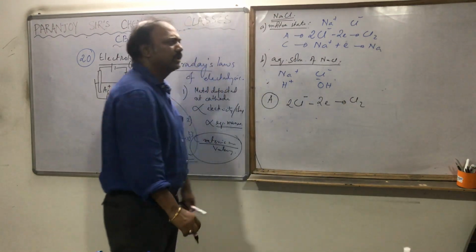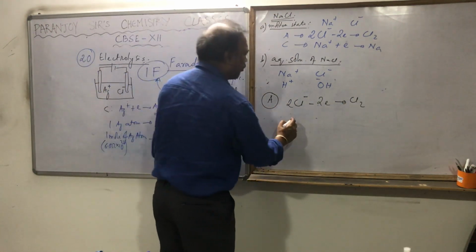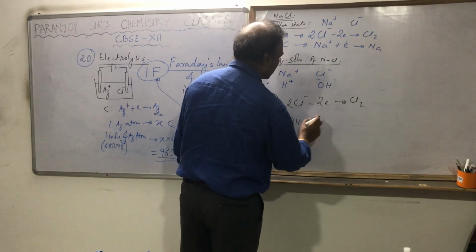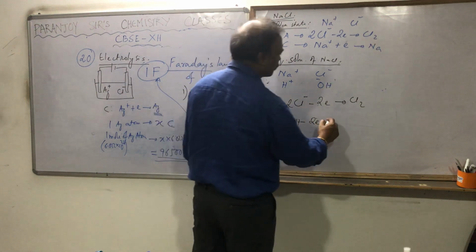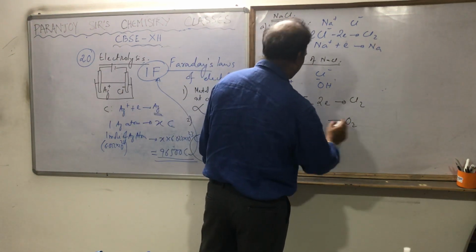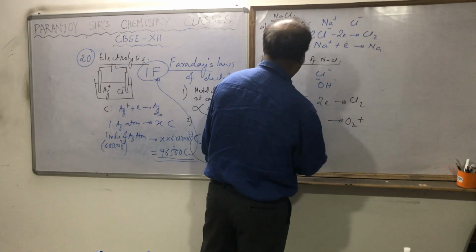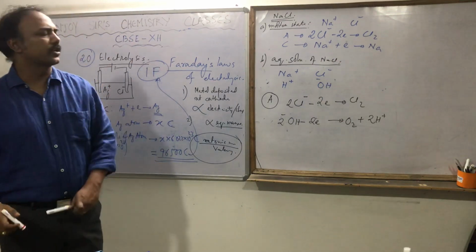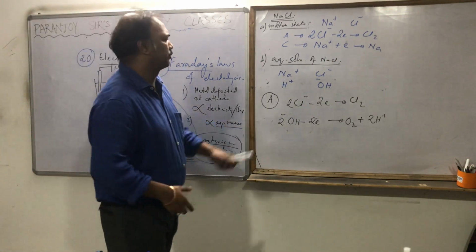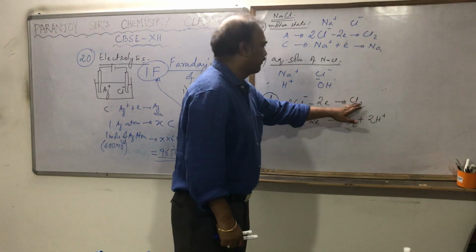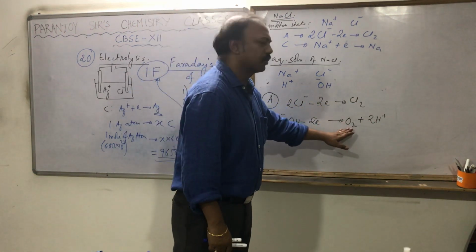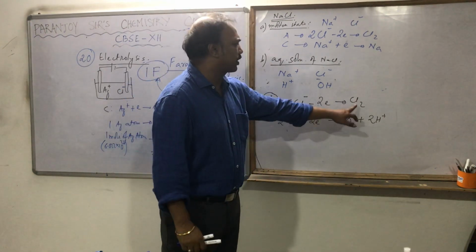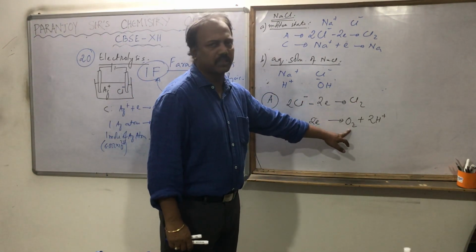And the second possibility is 2 OH negative minus 2e is going to produce O2 plus 2H positive. See, there are two possibilities at anode. One is production of chlorine, the other one is production of oxygen. Because H positive is going in the solution only, we are not bothered about that.